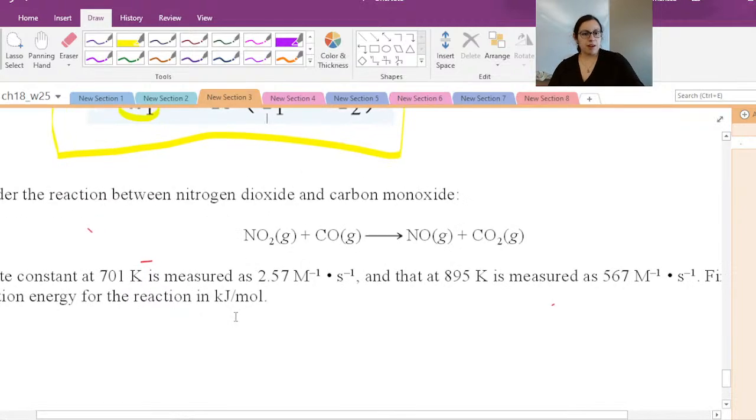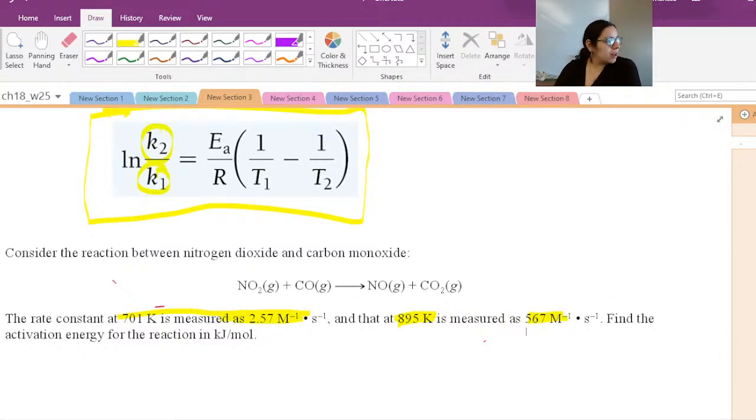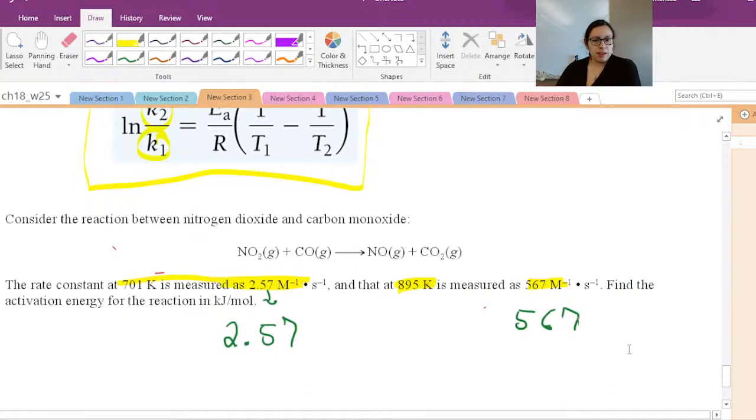It says our rate constant at 207 Kelvin is measured at 2.54 inverse molarity inverse seconds, and then at 895 Kelvin, it's going to be 567 inverse molarity inverse seconds. So I'll just rewrite those: 2.57 versus 567. See if you can find the activation energy.